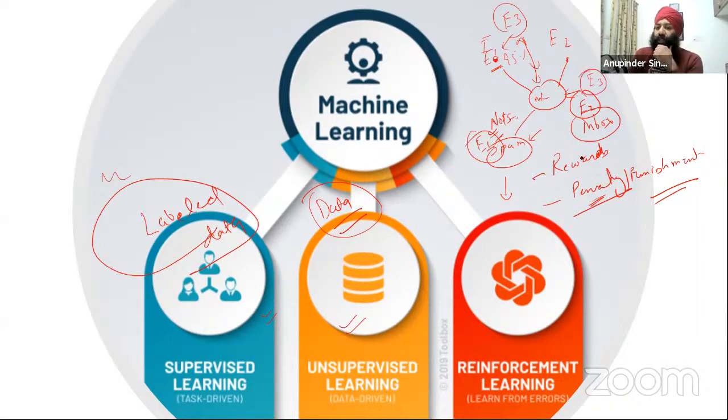So based on this reward and penalty game, the spam filter is going to learn from the received emails and the responses given to those emails marked spam or not.